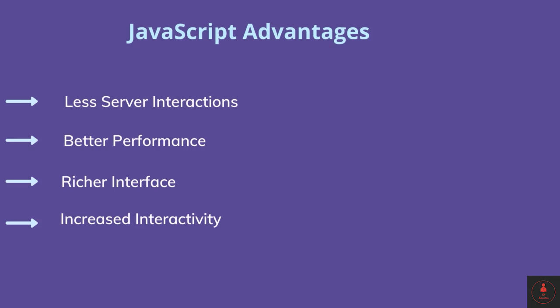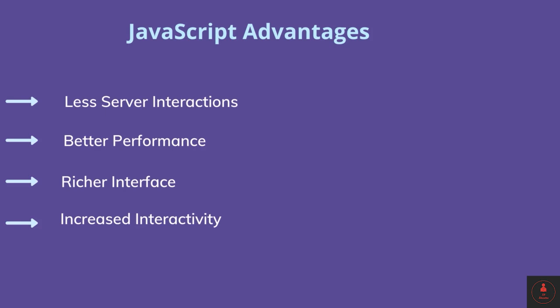Richer interface. As in jQuery, we internally use some of the functions of JavaScript which make the interface even better. So you can say it will give you a richer interface through animations or through some dynamic CSS kind of things, which will make it even more attractive and the client will feel good while working with the web pages.